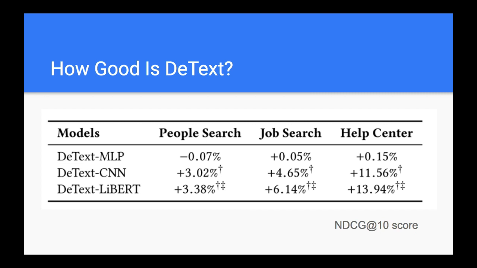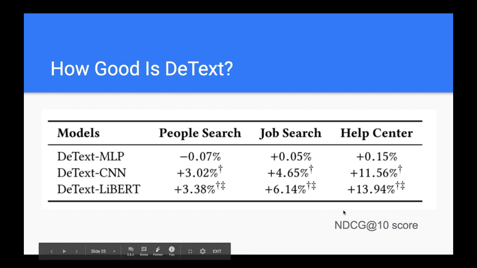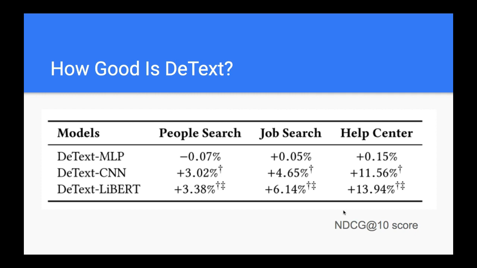So the performance improves by 10%, 11%, 13%. It's really huge. The metric here is normalized DCG, which people usually use to evaluate search results.